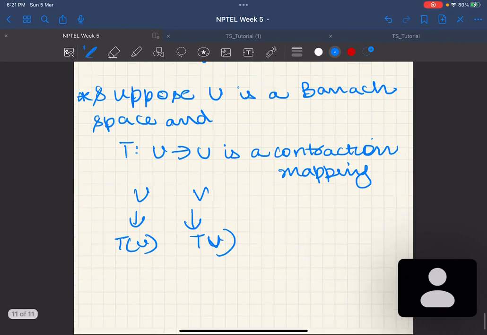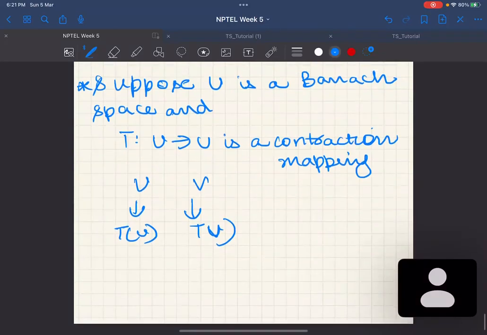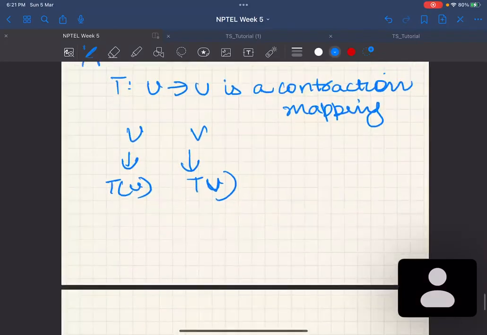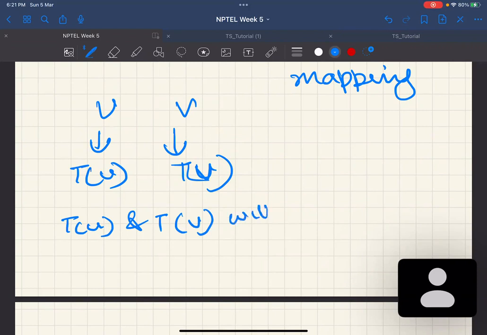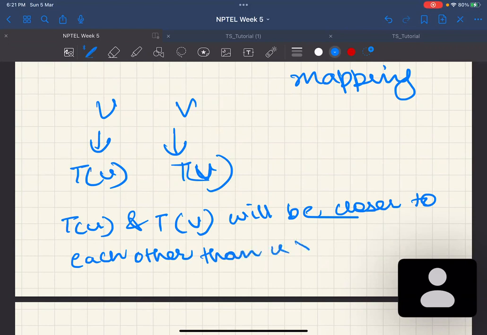What does it say? For U and V, there is a function T of U and T of V, and T of U and T of V will be closer to each other than U and V were. This is basically called contraction mapping. Got it.